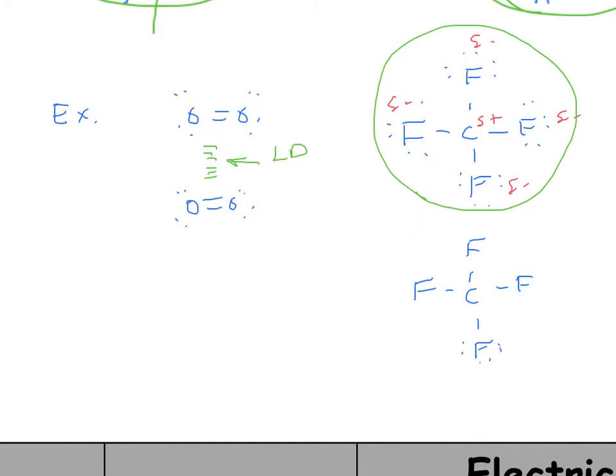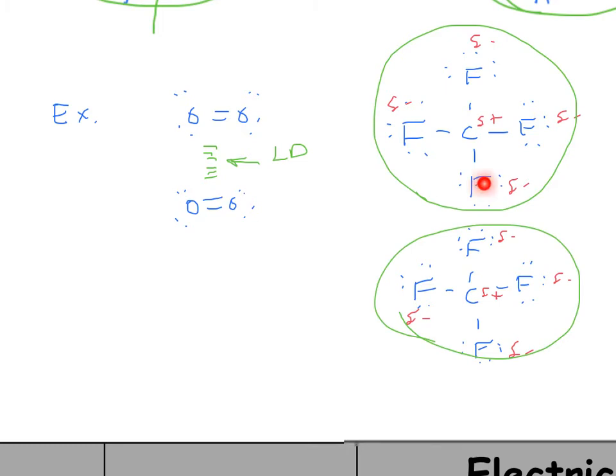If I have two CF4s, I cannot have dipole-dipole because the arms, the fluorines, have the same charge. But the protons in this fluorine can be slightly attracted to the negative electrons in this fluorine.